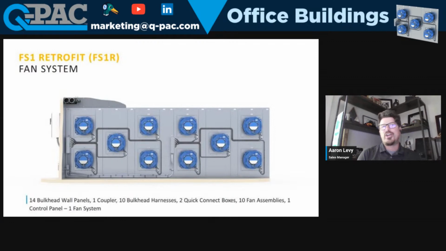And this is kind of what a system will look like when it's completely done. This would probably be somewhere in between 40 and 60,000 CFM, depending on the static. So you can see the 2 quick connect boxes and all that conduit that you see between the outside disconnect and those quick connect boxes. Those are field installed. We do not provide those connections.